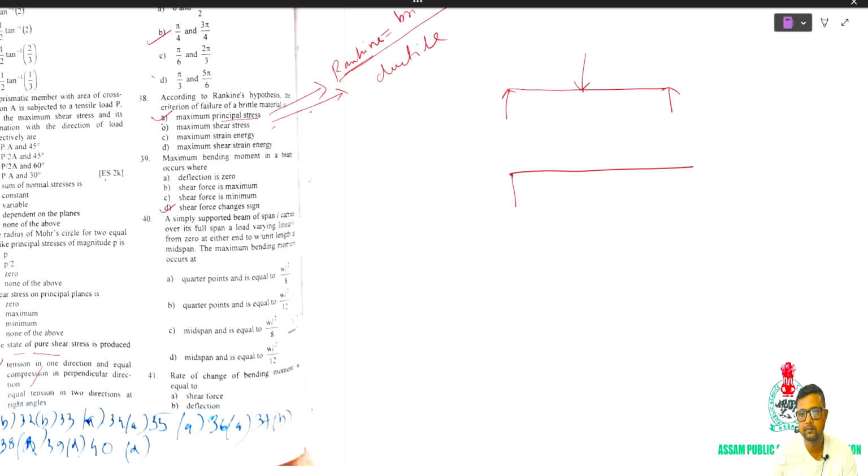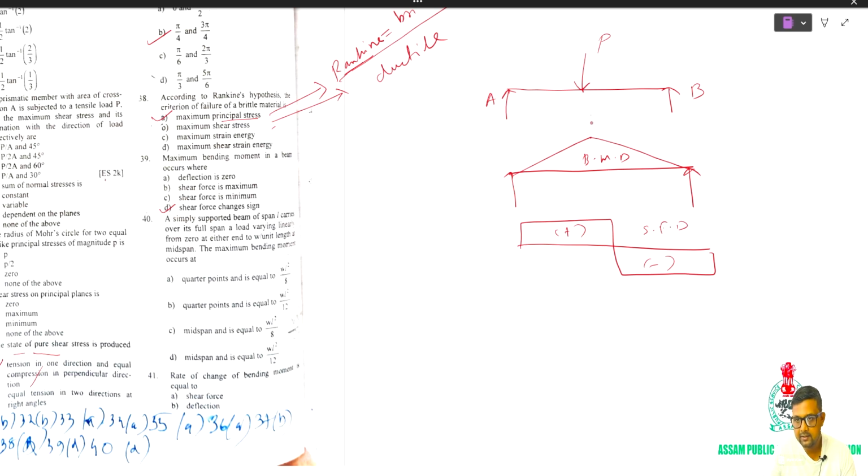Now, this is the SFD. Bending moment is changing sign at this location C. When the shear force is changing sign, the bending moment becomes what? Maximum, right? So, this is the answer.